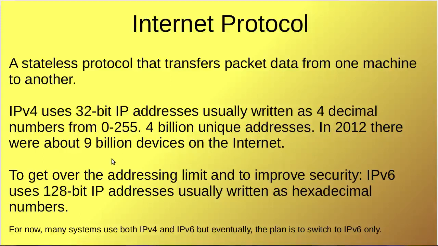192.168.1.something. If you see the 192.168, that's definitely a private IP address. So that's not going to be unique. That's only going to be unique within the LAN. Outside the LAN, if you see an address like 192.168 on the internet, there must be some mistake, because no router is supposed to send out a packet with a destination like that.